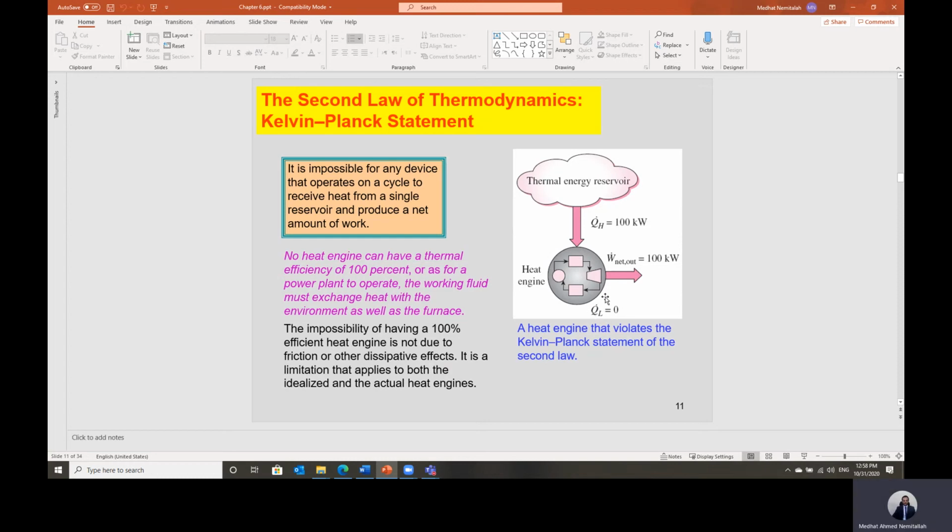As some heat is rejected from the system, that means we have some losses of energy, which means the efficiency should be less than 100%. The rephrasing of this statement is that you cannot design a heat engine with efficiency equal to 100%, as some heat must be rejected from the system.